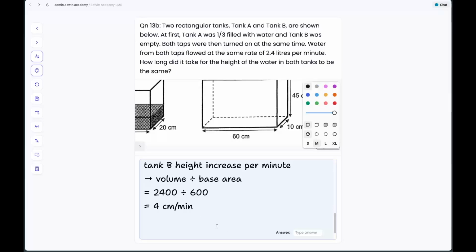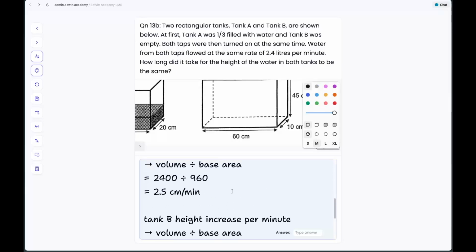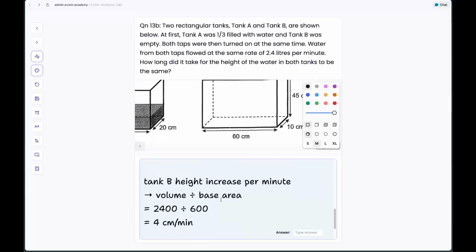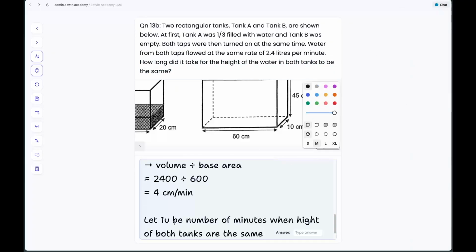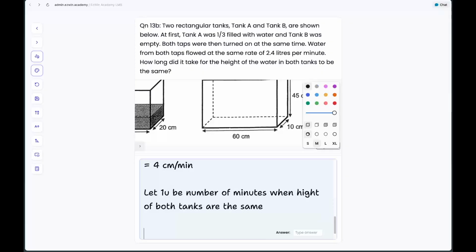So now we know the height increase rate for both tanks. The next thing is, because we know that there is a certain amount of time when both of the heights are the same, we can actually just put 1 unit as the number of minutes when the height of the tanks is the same.